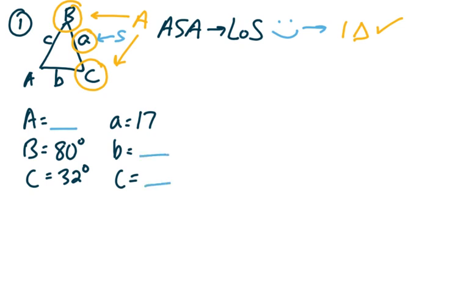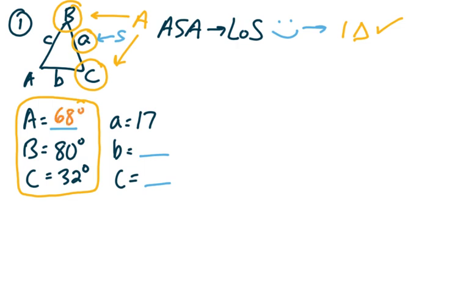We learned in class that before we even touch the law of sines, we've got one thing we can find right away. Because we know these three angles add up to 180, we can subtract B and C from 180 and see what we get. If I subtract that from 180, I find out that angle A is going to be 68. So I'll put 68 in there.